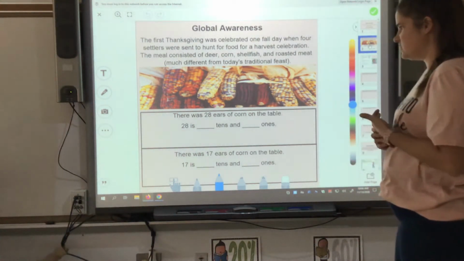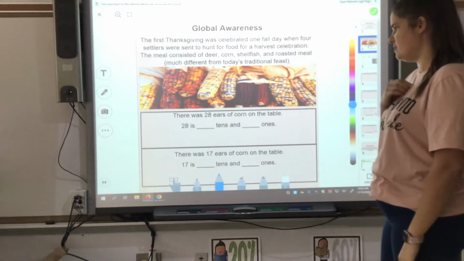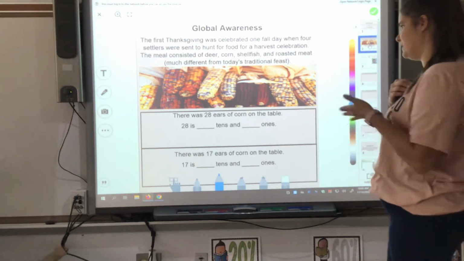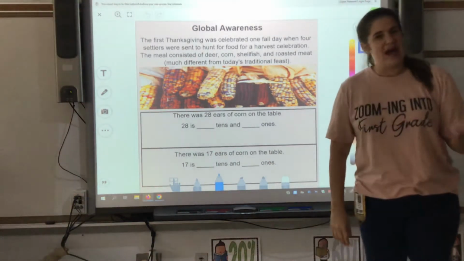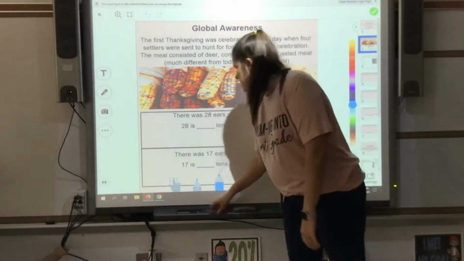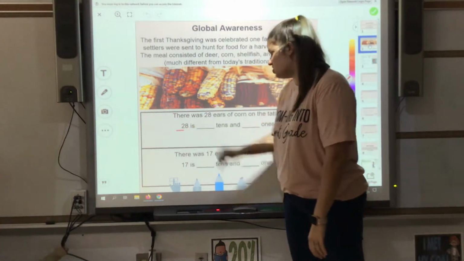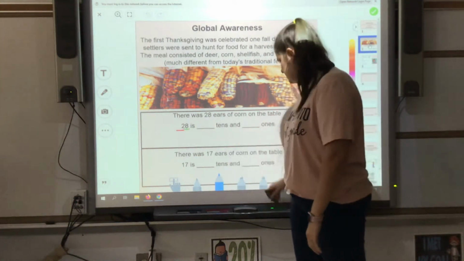So, our first example. There were 28 ears of corn on the table. 28 is blank tens and blank ones. When I see a number, I like to draw a picture of my tens and my ones. So looking at this, I know that 2 is my tens and 8 is my ones.